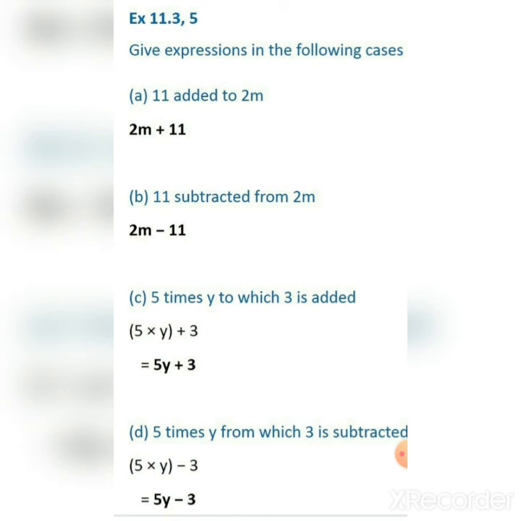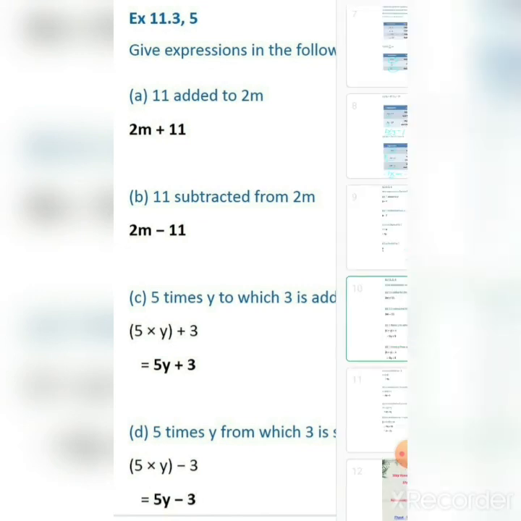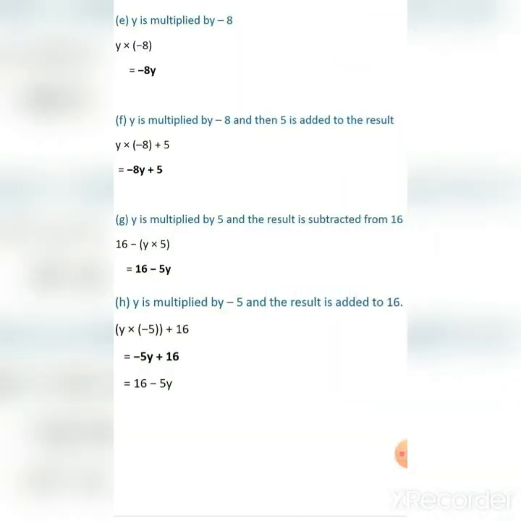Now moving to the next, a few more examples. E, y is multiplied by minus 8. So always the number will come first and then comes the variable. So minus 8y.